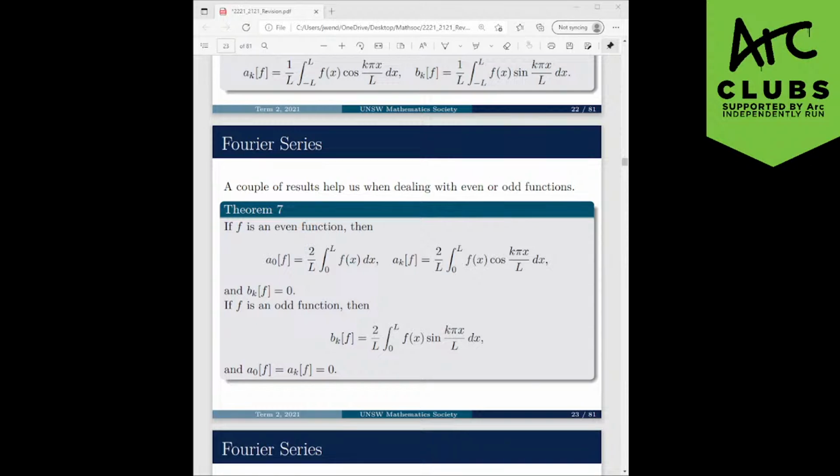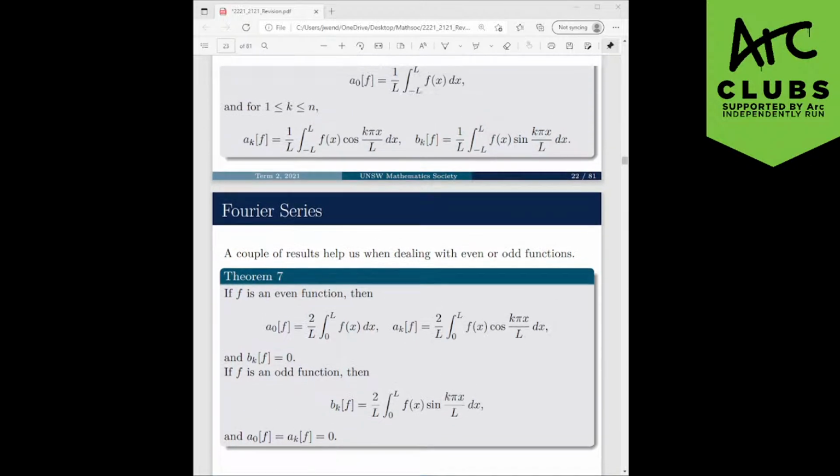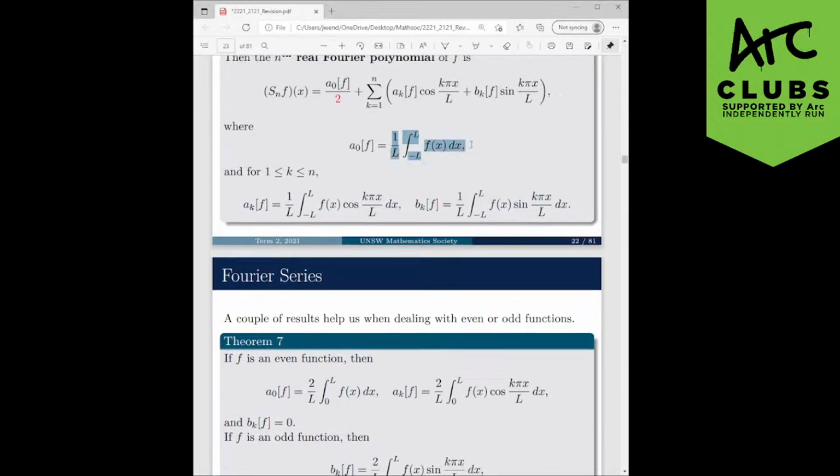So, for example, your a0f, remembering that your a0f was defined by this over here, if your f of x happens to be even, it will just be double of 0 to L instead of just 1 of the negative L to L. And that can speed up some of your working. Same thing for the AKF. Since f of x is even and cosine is also even, even times even returns you to another even. So you use that same property again.